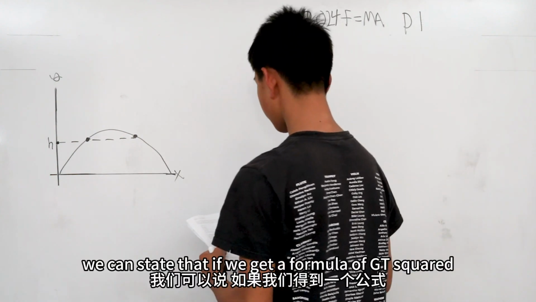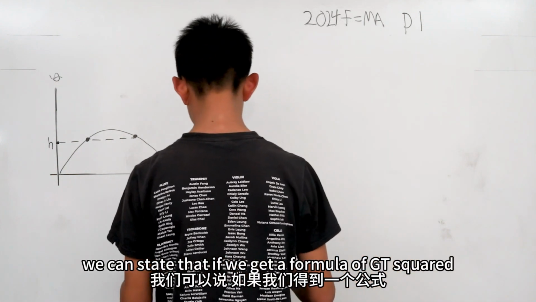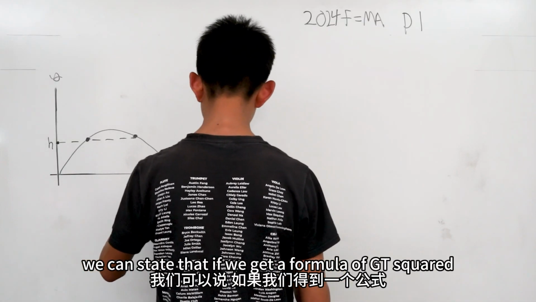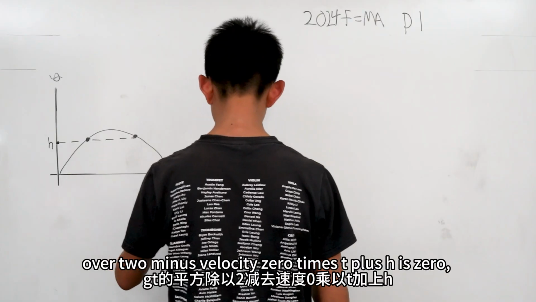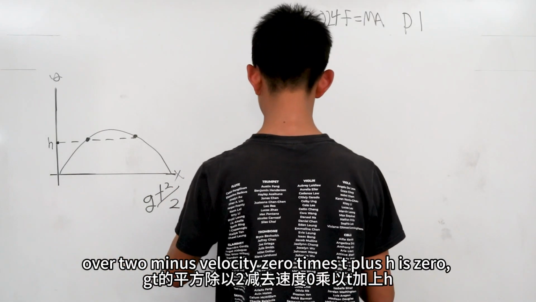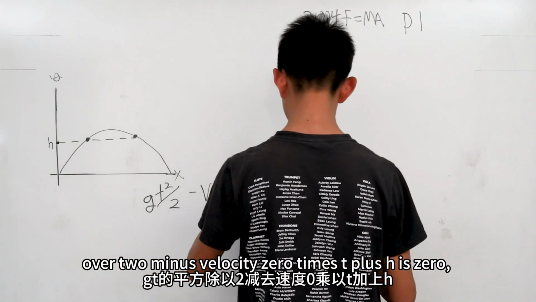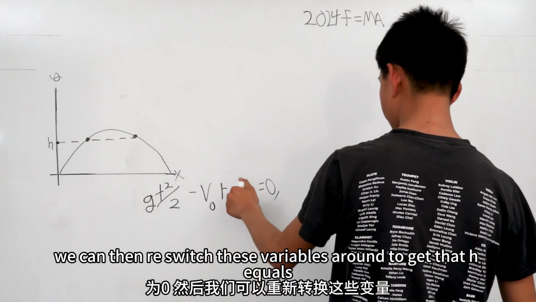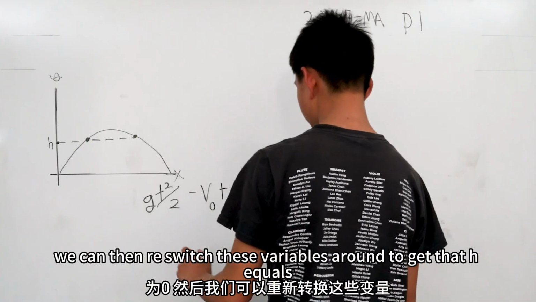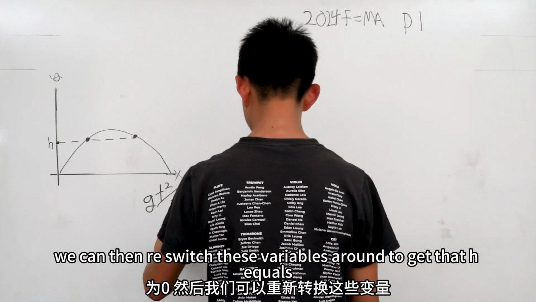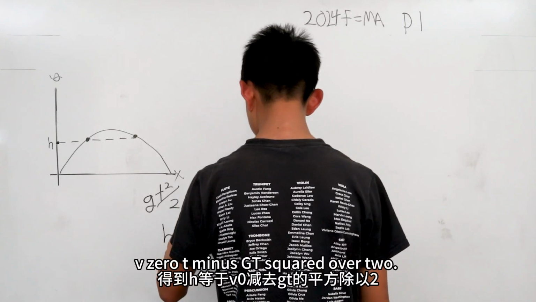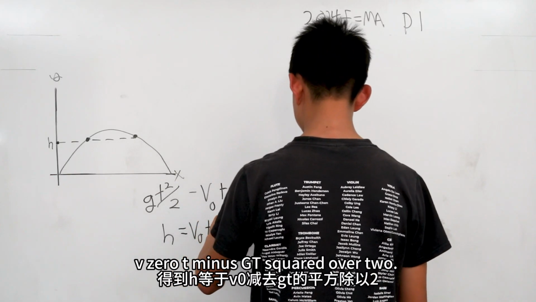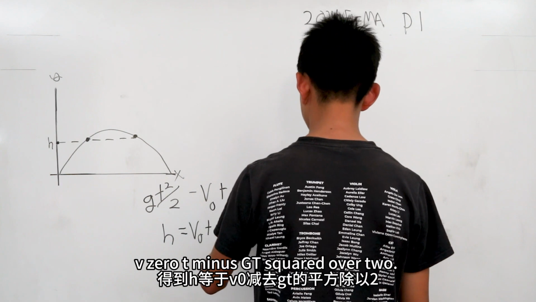So we can state that, if we get a formula of gt squared over 2 minus v0 times t plus h is 0, we can then switch these variables around to get that h equals v0 t minus gt squared over 2.